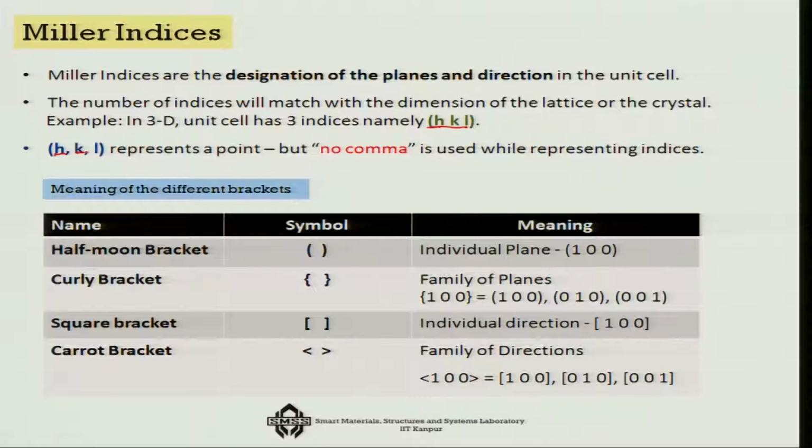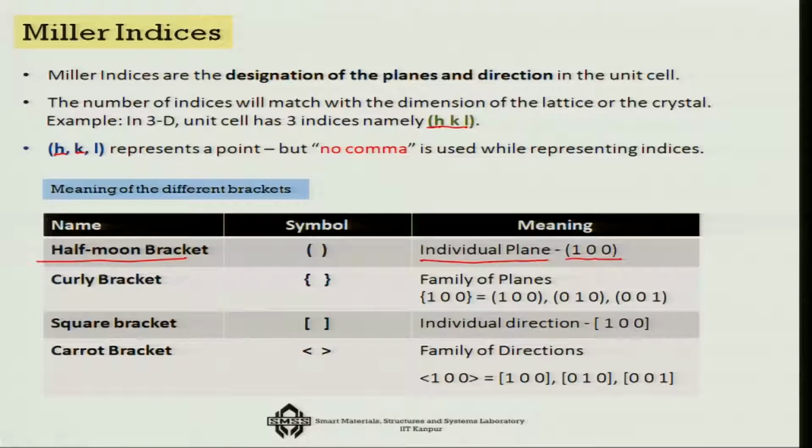Now, there are 4 types of symbols that are used in the Miller indices. The first one is the half-moon bracket, which is used for denoting individual planes, like in this case 1 0 0 is an individual plane. What exactly is this plane? We will see it soon.